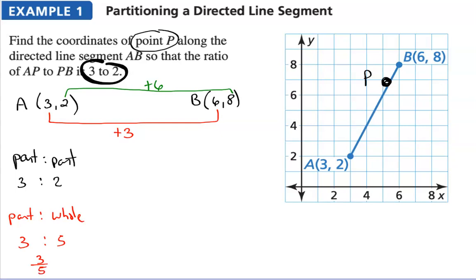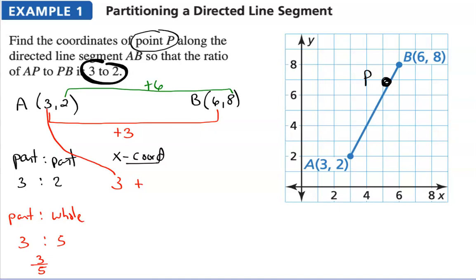So when I take my x coordinate, I need to get both of them. I'm going to take the starting x coordinate of my A, and I'm going to move it somewhere. How much am I moving it? I'm going to add something to it.